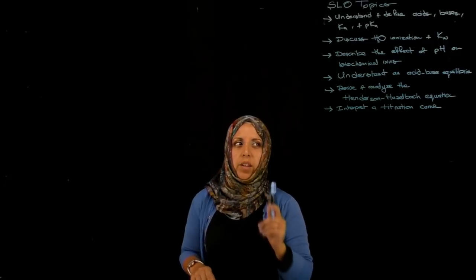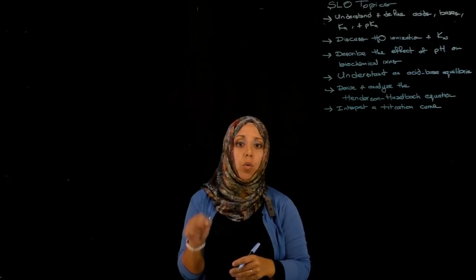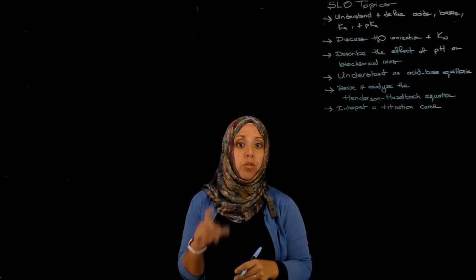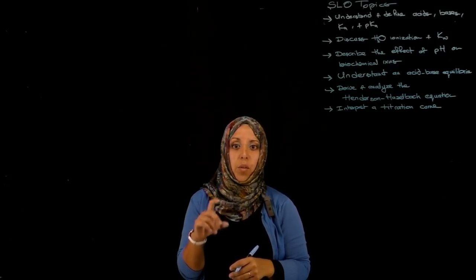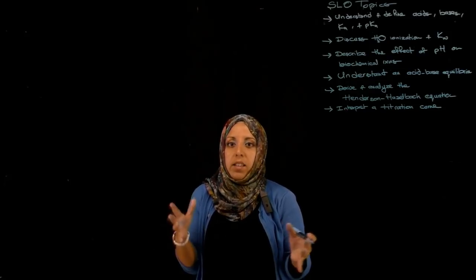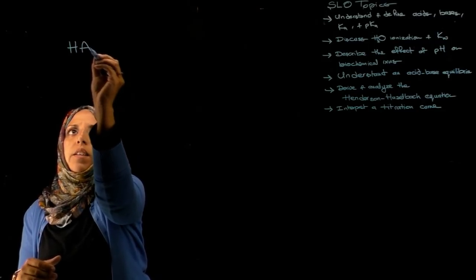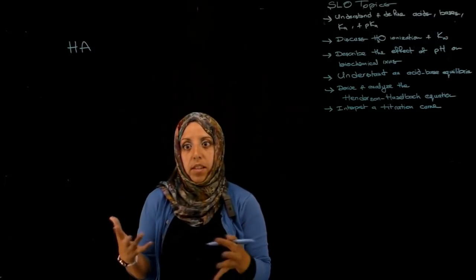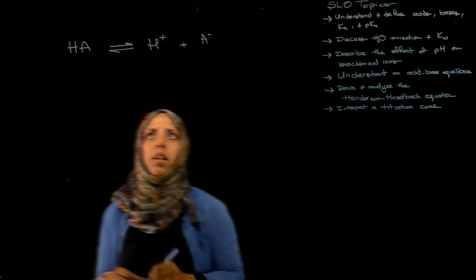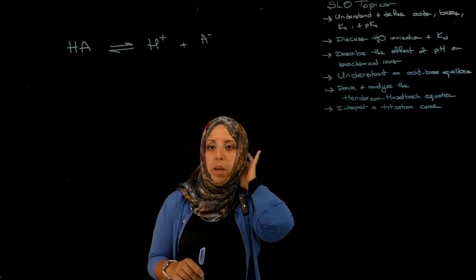Now we're going to try to derive and analyze an equation that allows us to quantitatively correlate the concentrations of a weak acid and its conjugate base to the pH of the solution. We're going to take a simple example where we have an acid, HA: A is for the acid and H is the proton it will lose. The acid dissociates into its conjugate base and a proton.